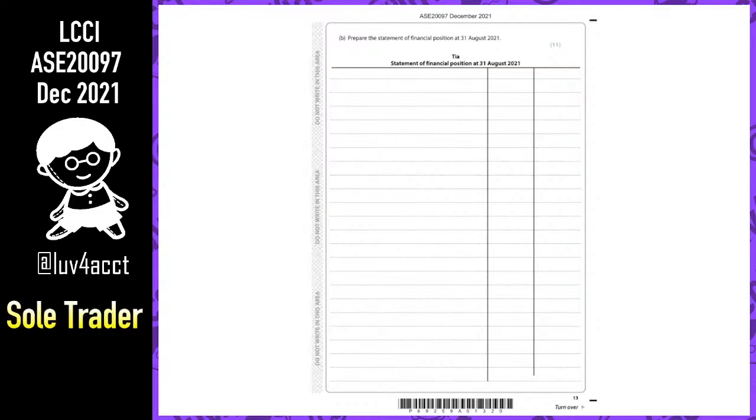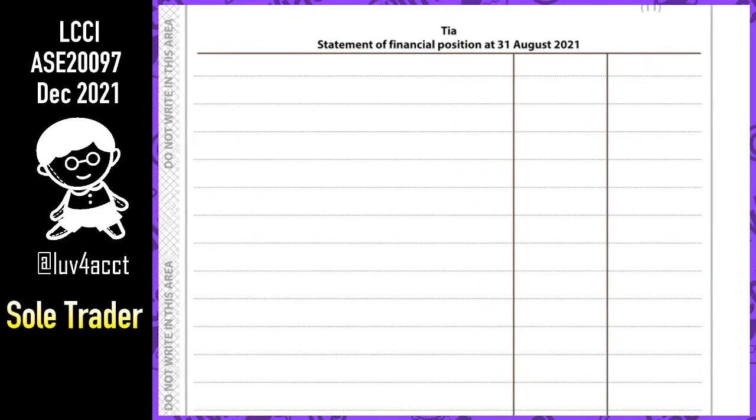So first of all, let me do it a little here. Non-current asset. You can also show it like this, maybe three columns.